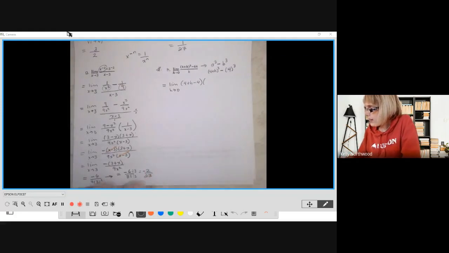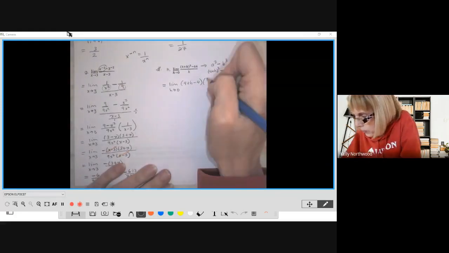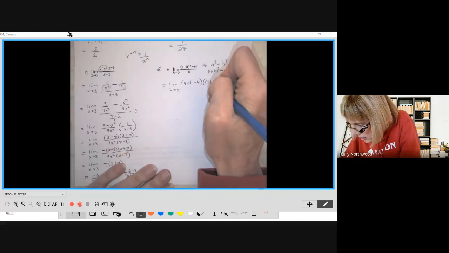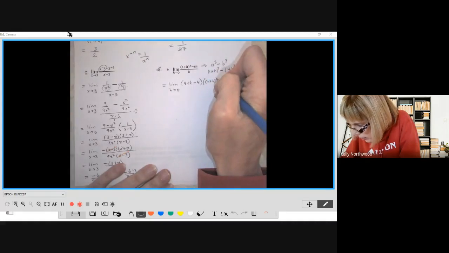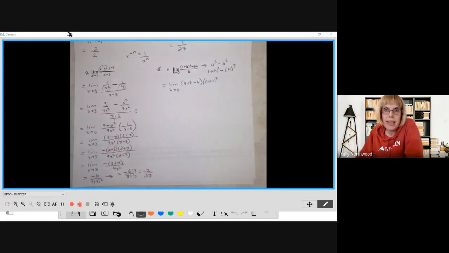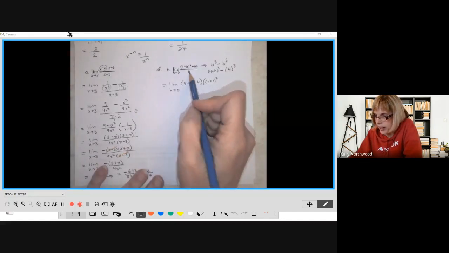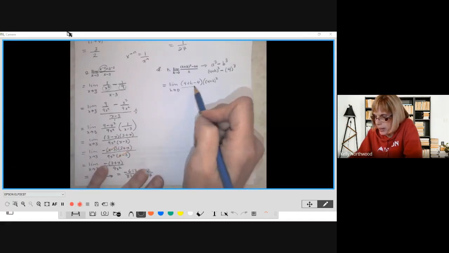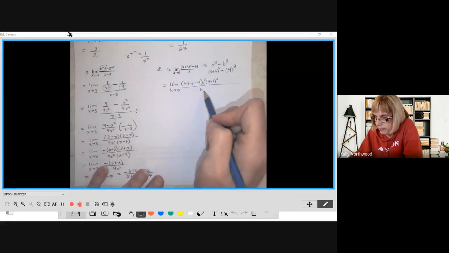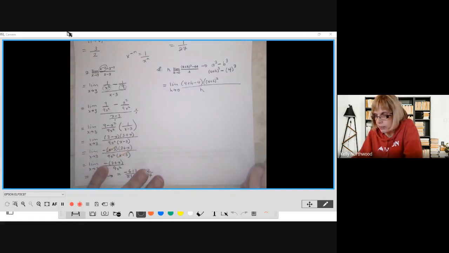And then the next one is A squared. So I'm just going to write that as (4 plus H) in brackets squared. I'm not going to expand it out or anything, because this is the really important part here. This is what's going to allow me to divide out that problematic H in the bottom and then let H approach 0, which is going to make these easy.